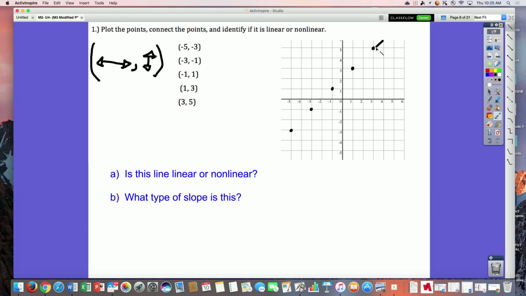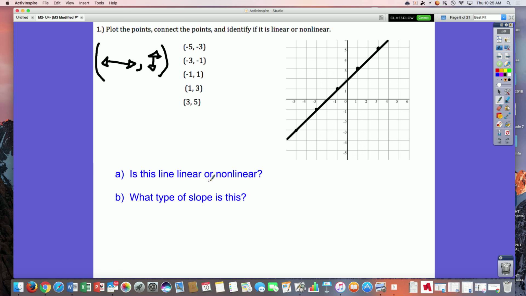I'll try and draw this as straight as possible here. Like that. All right. Is that line linear or nonlinear? Does that make a line? Yes, it's linear. And what type of slope is this? Uphill is positive. Great job.